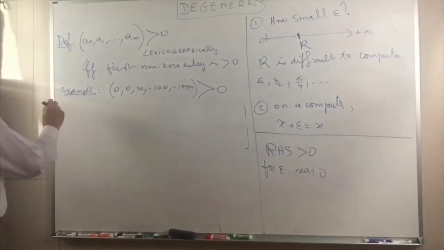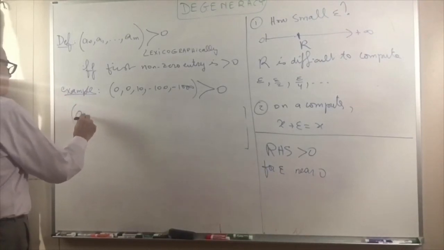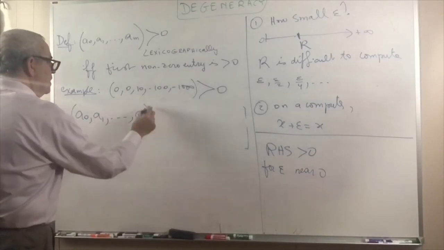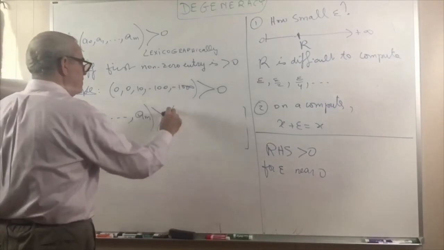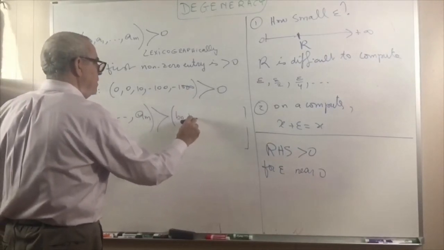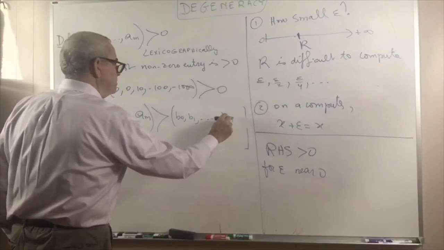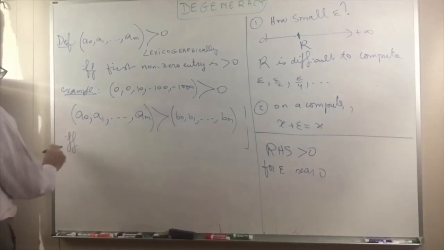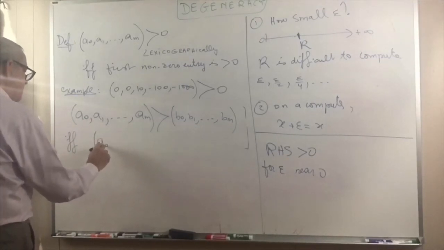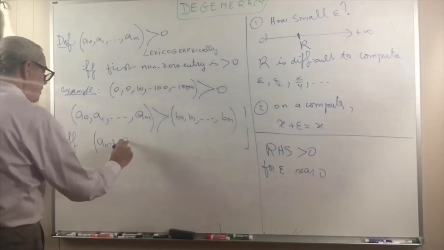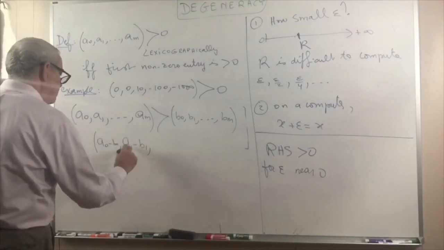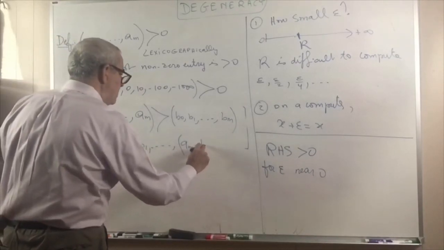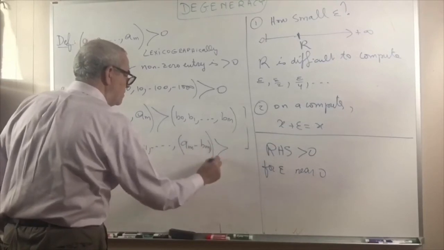And the other definition: A0, A1, etc., AM is lexicographically bigger than another vector, B0, B1, etc., BM, if and only if A0 minus B0, A1 minus B1, etc., to the last one, AM minus BM, is lexicographically bigger than 0.